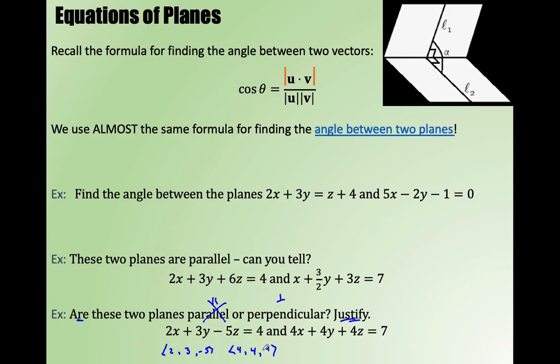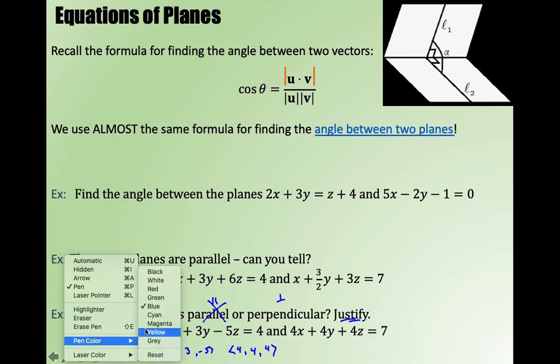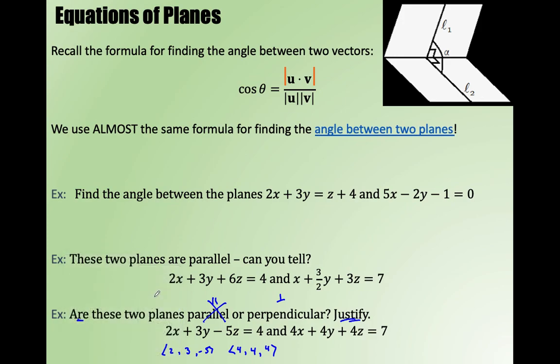How can I tell if they're perpendicular? If their dot product is equal to 0. So is this dot product equal to 0? 4 times 2 is 8, plus 12. Well, that's 20, so the next term better be equal to what? In order to be perpendicular, the next thing in the dot product must be -20, is it?